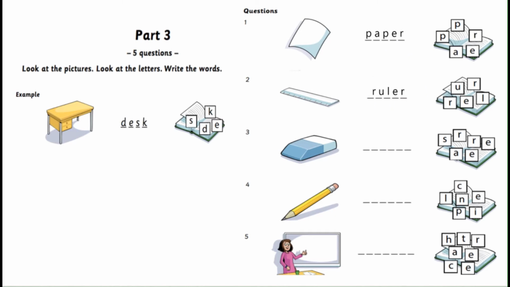Number 3, look at the picture. What is it? Order the letters. It's an eraser. Okay. Picture number 3 is eraser.